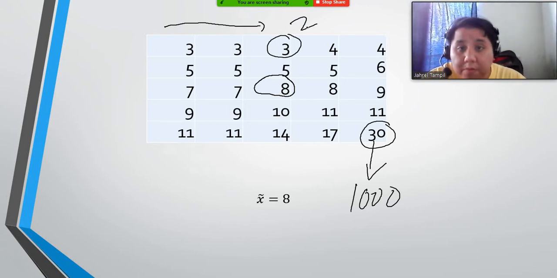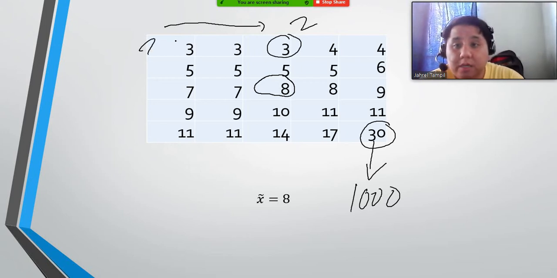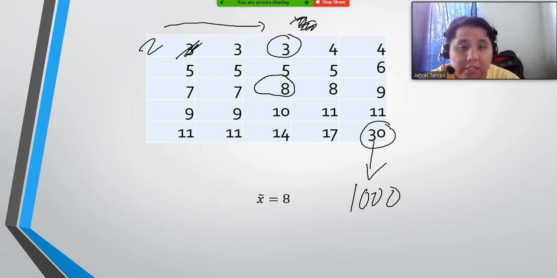All we will do to correctly arrange the data is to put 2 here, remove that, and 2, remove that also, and we will have 2, 3, 3. And since this is the highest value, I just changed 30 to 1000. But our median is still 8 because other than those changes, nothing else has changed. The order remains the same.